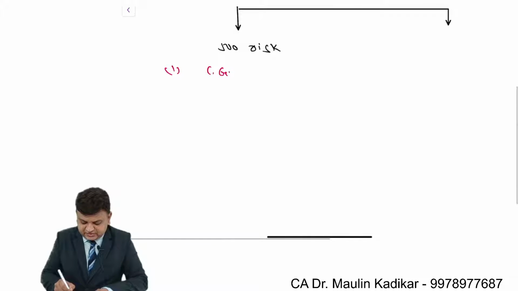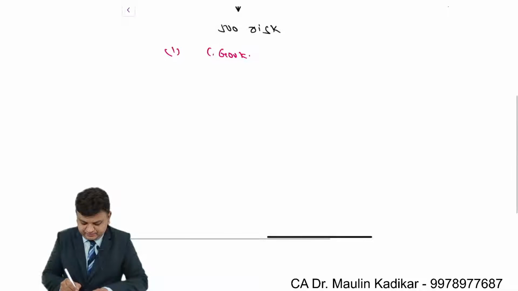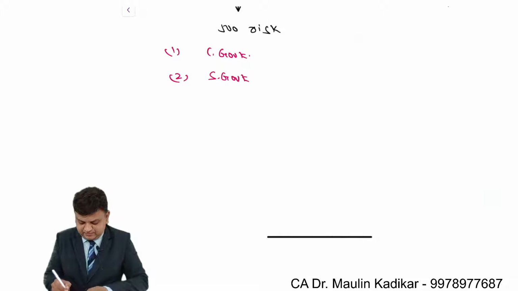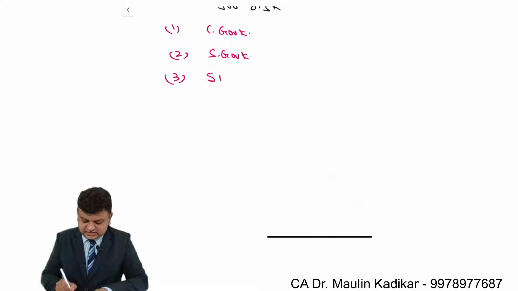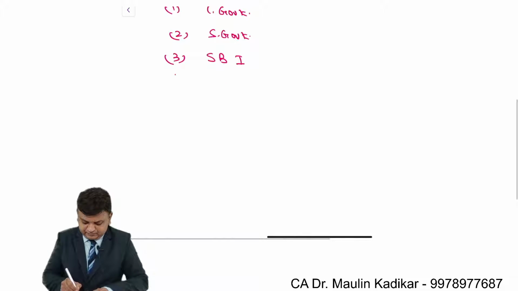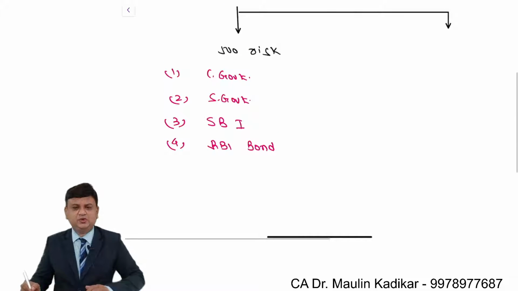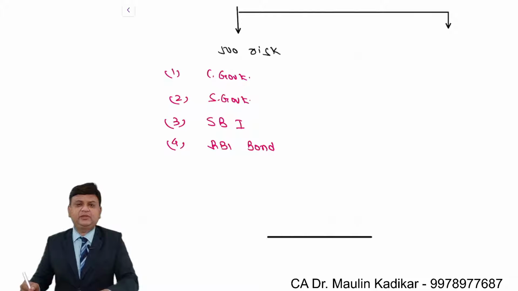investment in any central government security, investment in any state government security. We can say that in India, investment in State Bank of India, investment in Reserve Bank of India bond, and other investment opportunities in India which have no risk.